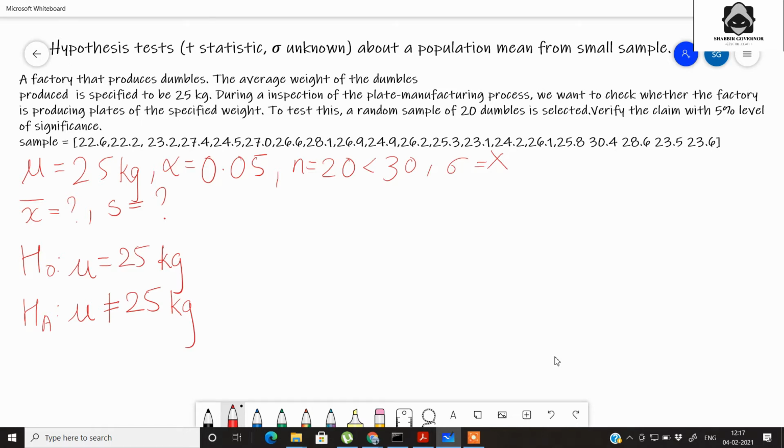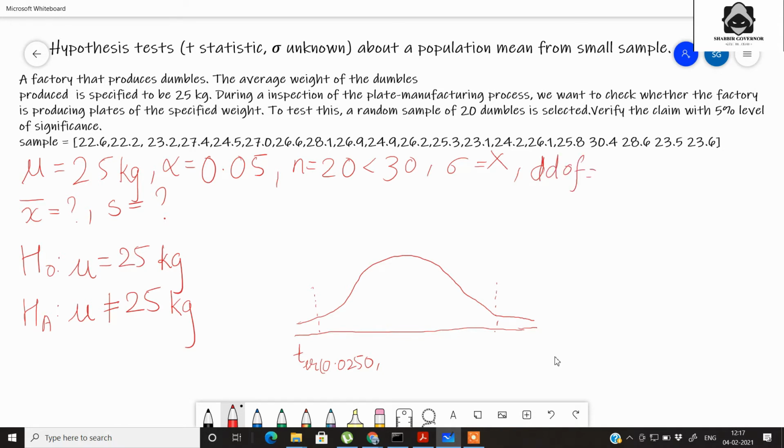If we plot the t distribution, we need to find the t critical at 0.025 along with the degrees of freedom. Since it's a t test, what will the degrees of freedom, DOF, be?